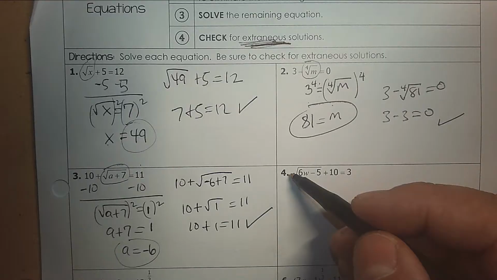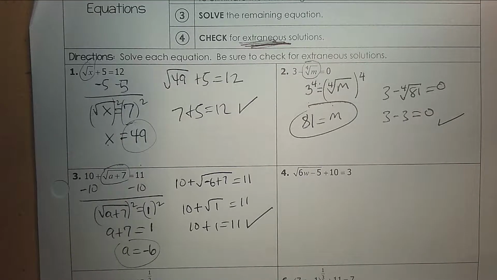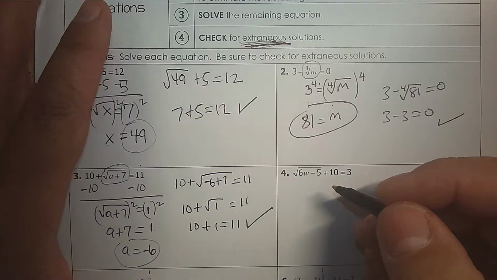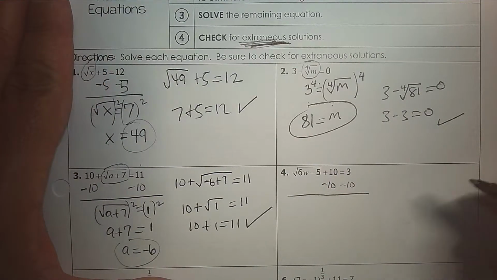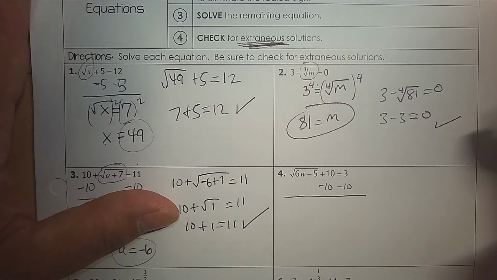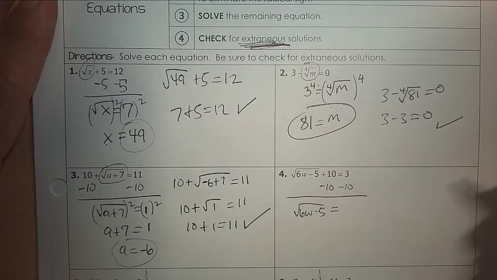Number 4. Step number 1. Are we ready now to help me? Kaylin, what should I do first? If I subtract 10 to both sides, what am I left with on the left side? And what do I have on the right side?